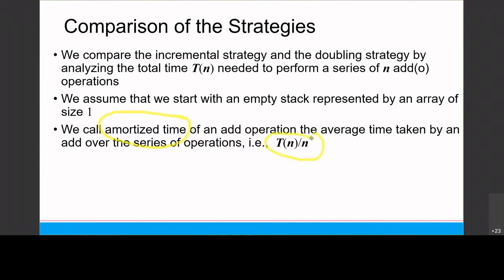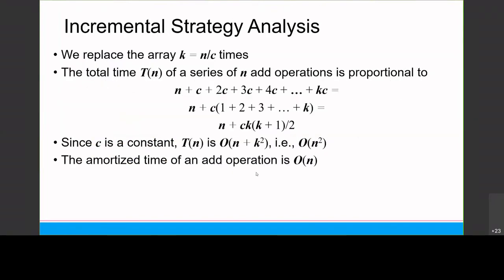So we have T(n) divided by n. The T(n) is n to the power of 2, divided by n. So n to the power of 2 divided by n becomes n. So the amortized time of an add operation now becomes O(n).